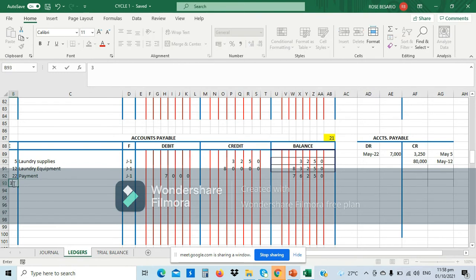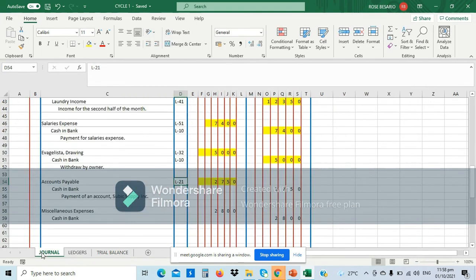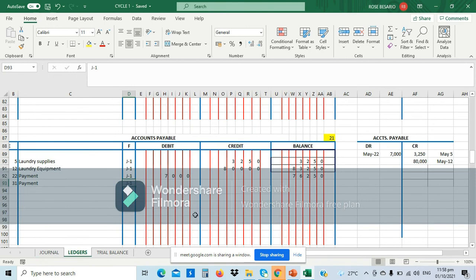So this is 31, payment from J-1. How much is that? 2,750. So we have a new balance. That is 76,250 minus 2,750. So that's equal to 73,500. Okay, and then in the accounts payable T account, we'll have May 31 here.